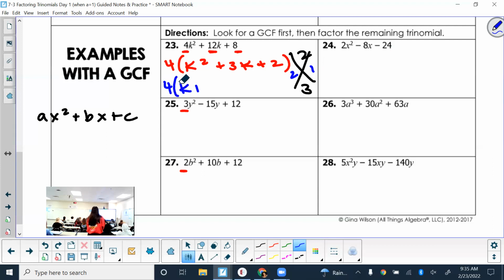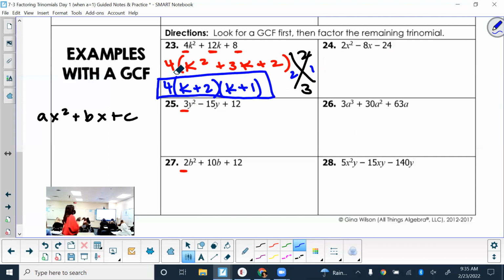Inside, we set it up like how we did yesterday, k plus 2 and k plus 1. How could I check my answer to see if I did it right? FOIL and/or distribute. You have to actually do both. It doesn't really matter what you do first, but after FOILing and distributing, you do get the original problem.